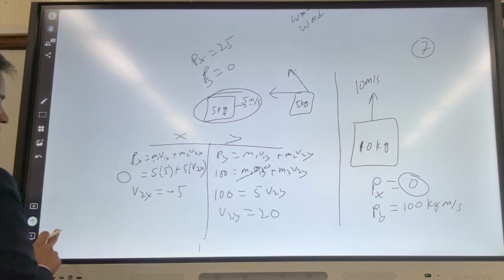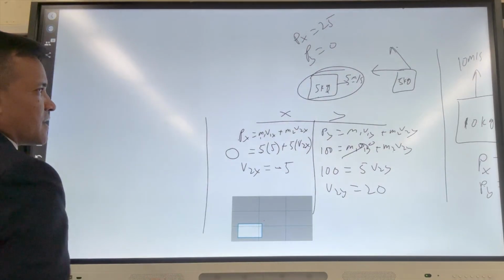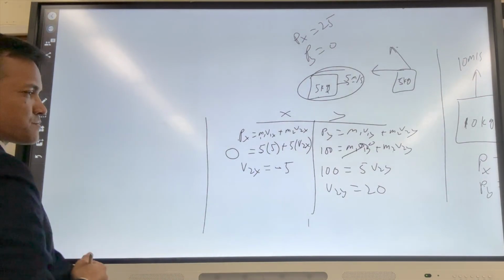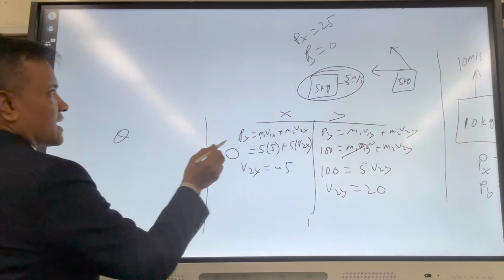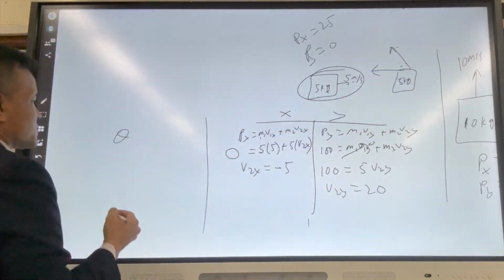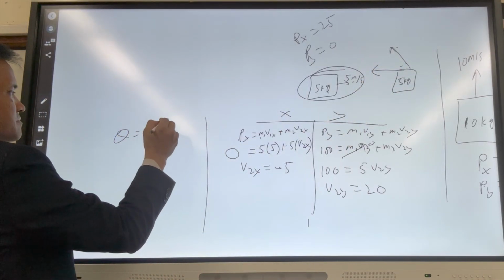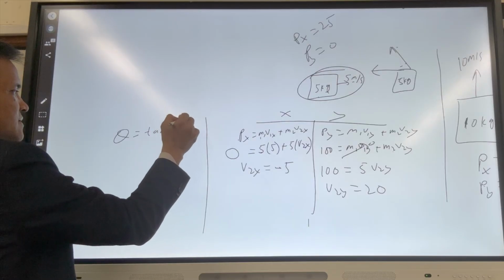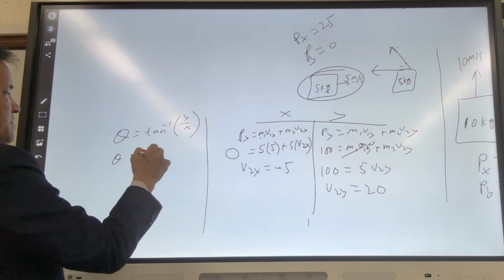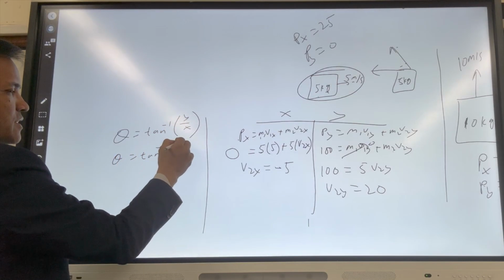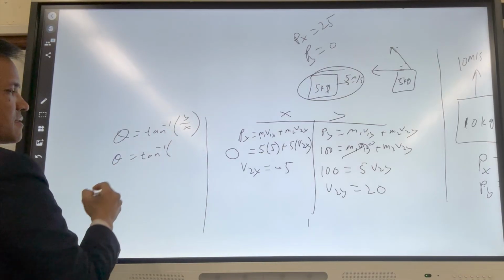Great. Now, what are you going to do? You're going to find the angle. So theta is equal to tangent inverse y over x, so tangent inverse of 20 over -5.